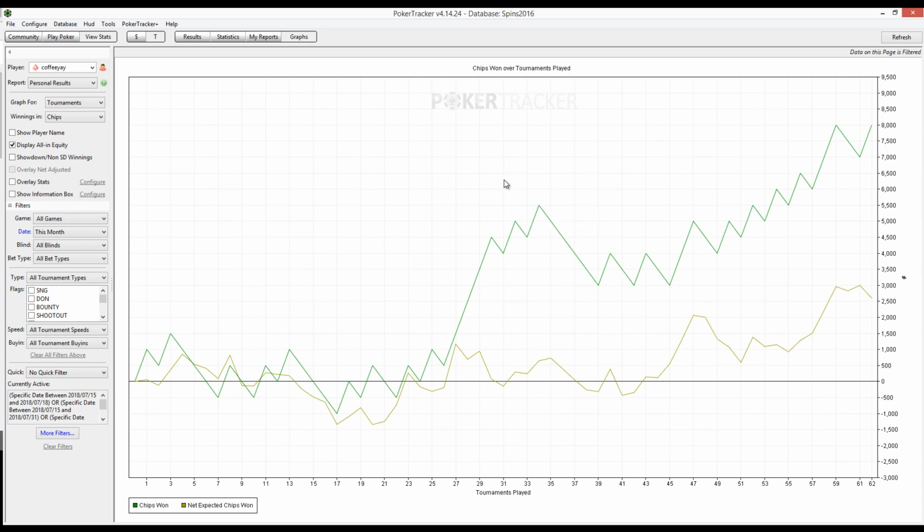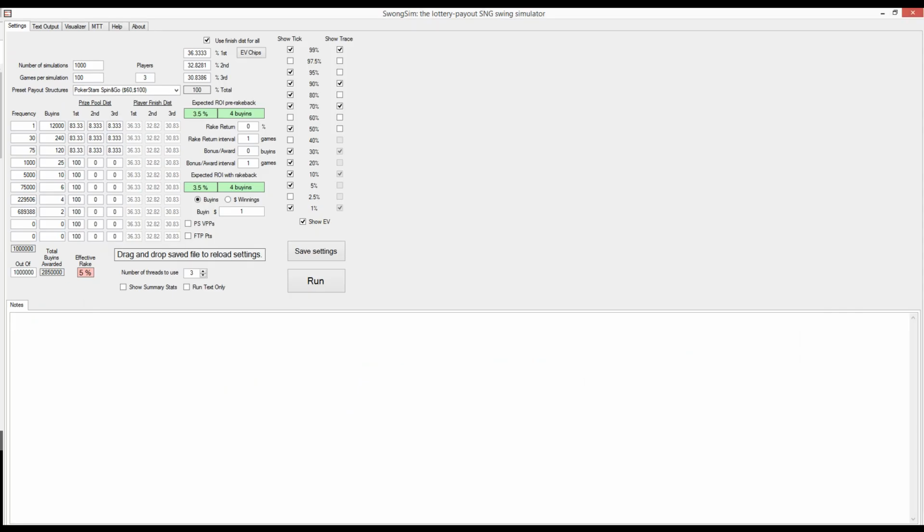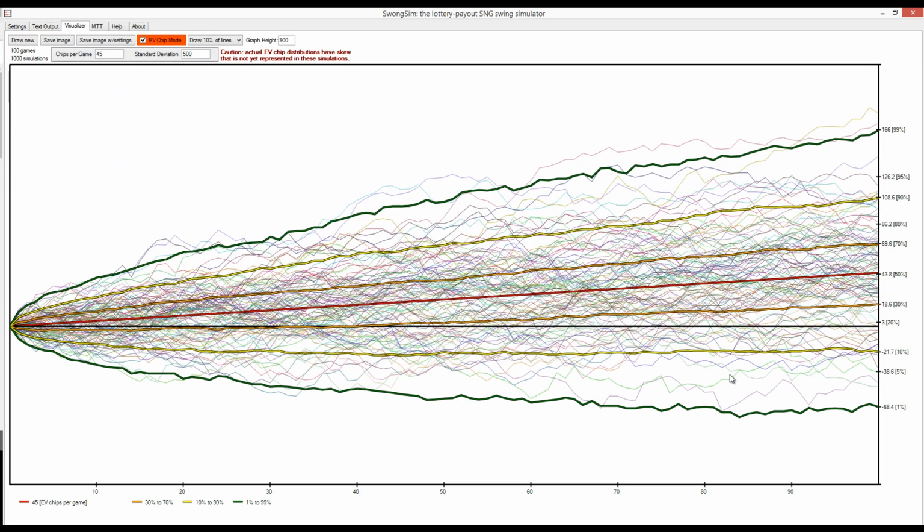This graph is just going to be a distraction. There's going to be samples that you feel like you played really well, but you end up with really bad results. And you won't actually know what the results are telling you, right? Because you can have played this sample of games and have really bad results, but your true chip EV was 45, which maybe is really good.